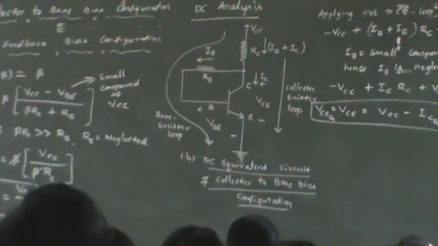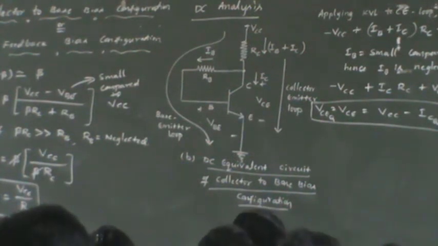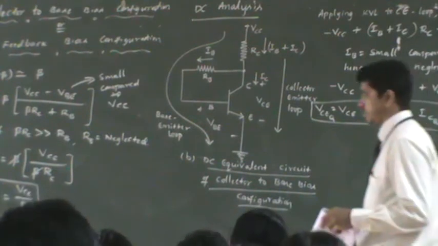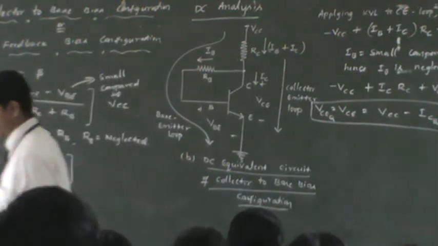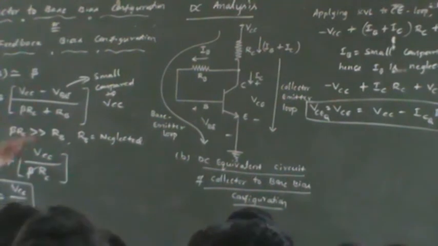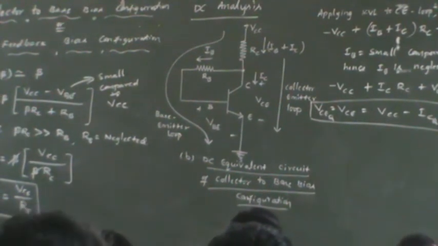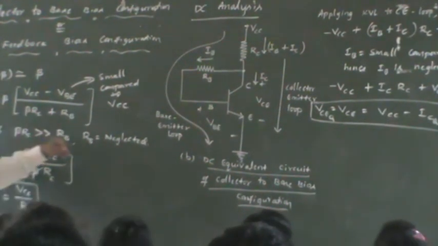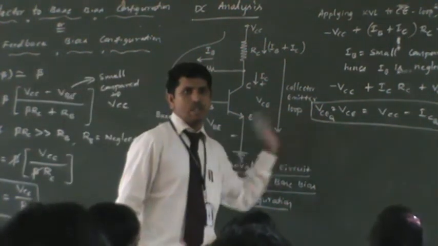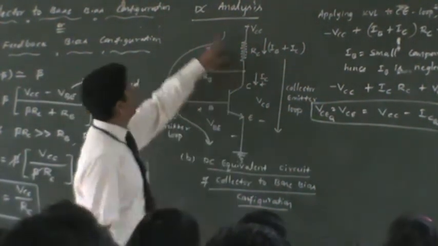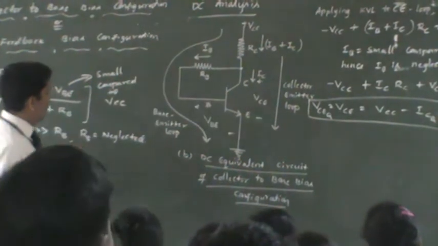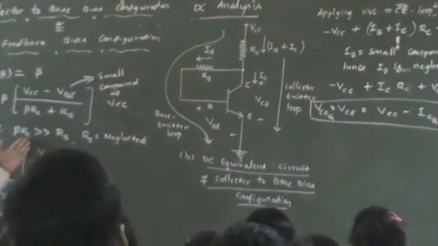Any questions here? Okay, so let's understand how to obtain the expressions for ICQ and VCQ. These are the operating points. That's what we obtain from this analysis. We will not do load line analysis for this circuit.